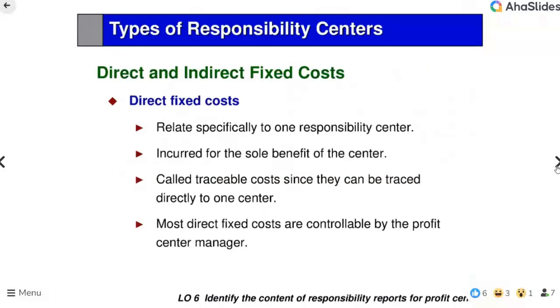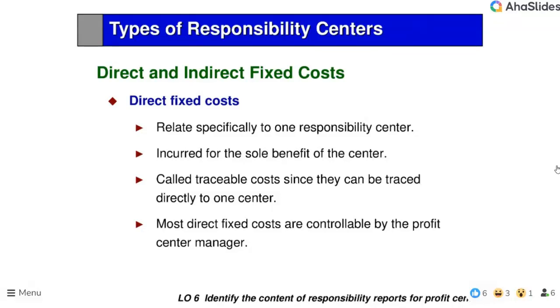We have to distinguish those fixed costs that are controllable, and we refer to them as direct fixed costs. A direct fixed cost relates specifically to one responsibility center.